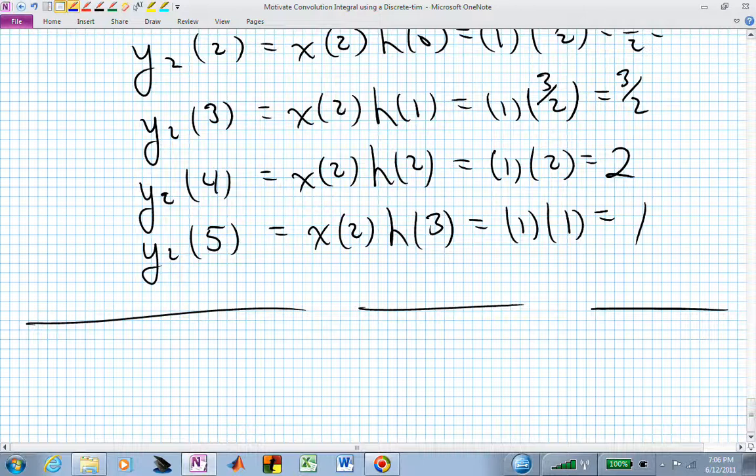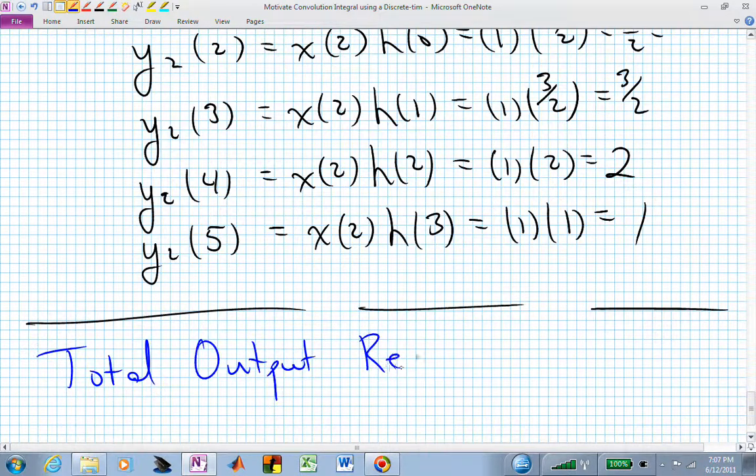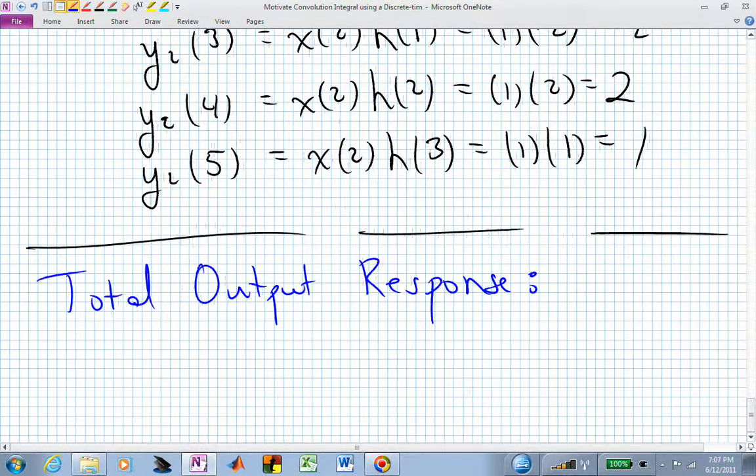The second component was due to the input applied at n equal 1. And the third component was the response of our system due to the input at time n equal 2. We now want to compute the total output response. We now have the individual pieces already determined, and there's 3 of those.